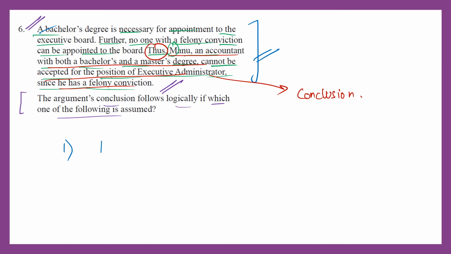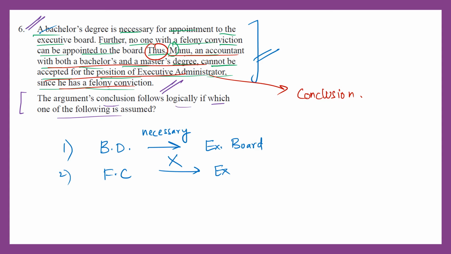So you need a bachelor's degree for appointment to the executive board. It's a necessary condition. The second premise is that if you have a felony conviction, then you cannot be appointed to the executive board.